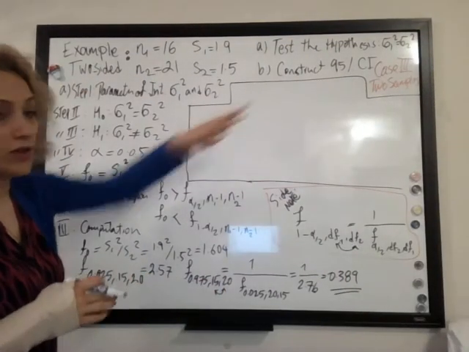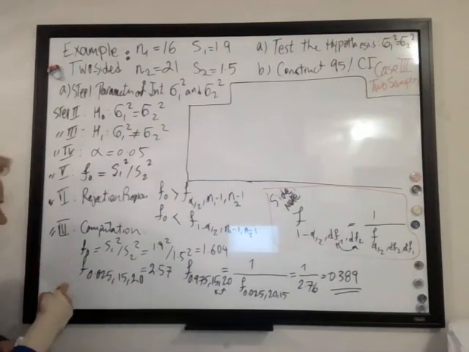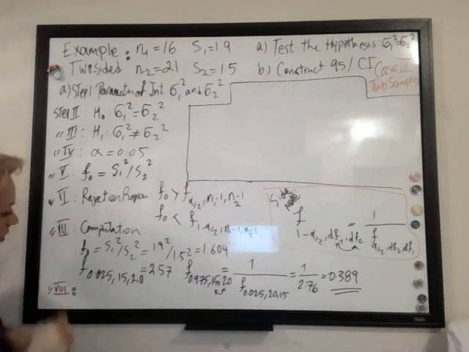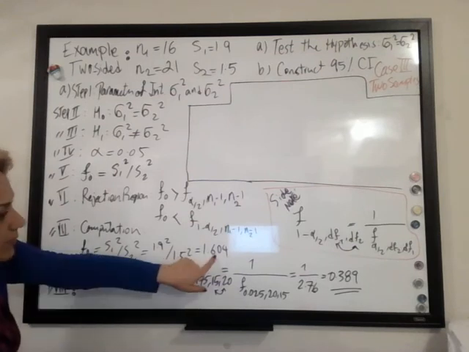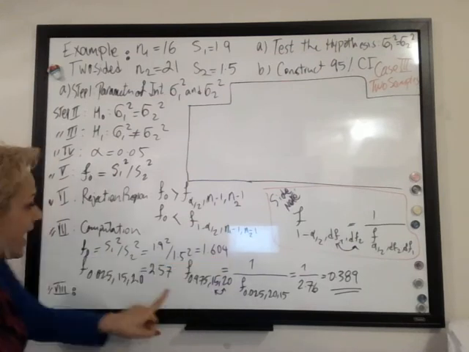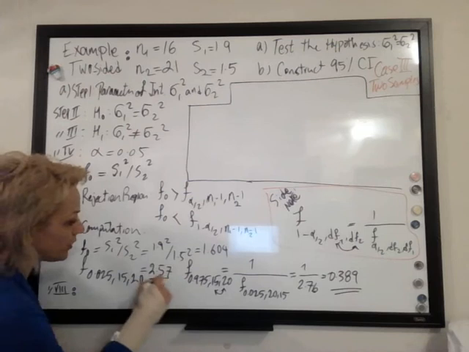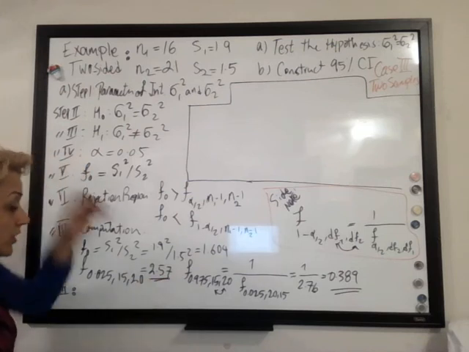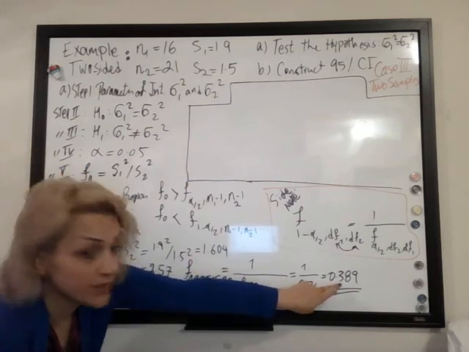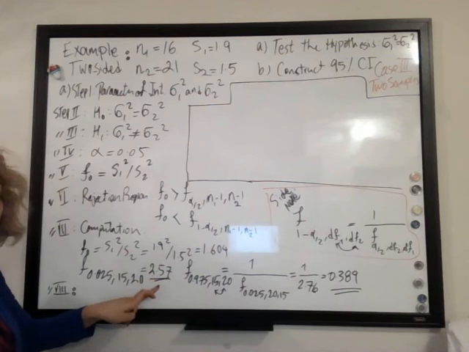Here we can write down, construct the confidence interval. So step 8. Look at here, F null is 1.604. The lower bound is 0.389, and the upper bound is 2.57.